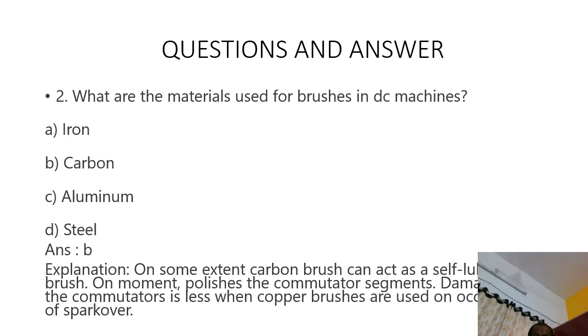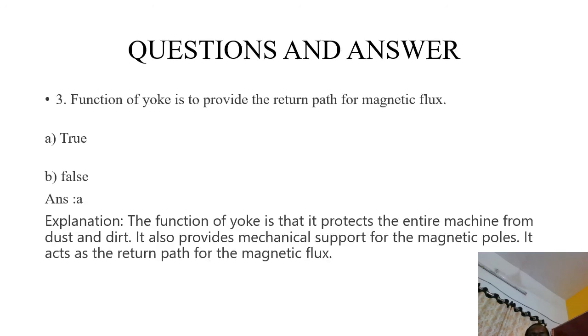All of you get this point, particularly which material is required for pole shoes, brushes, and yoke. These are important questions that can be asked in an examination or any competitive examination. Better to note these important points.